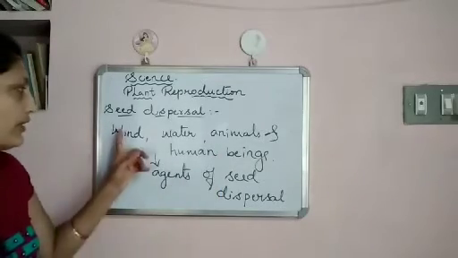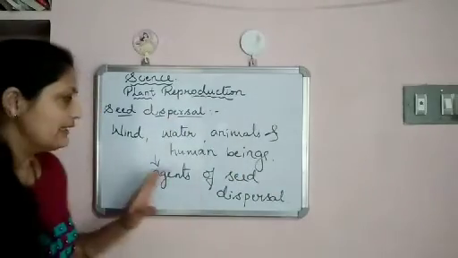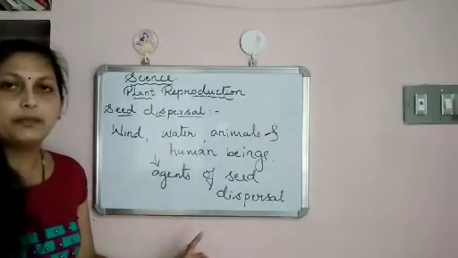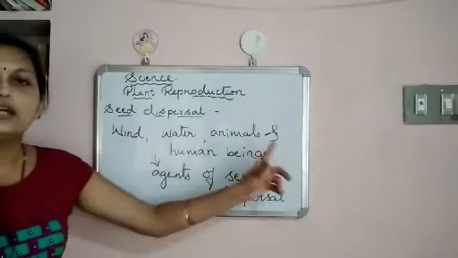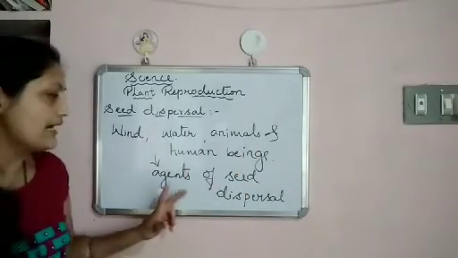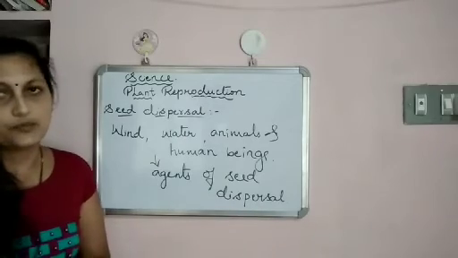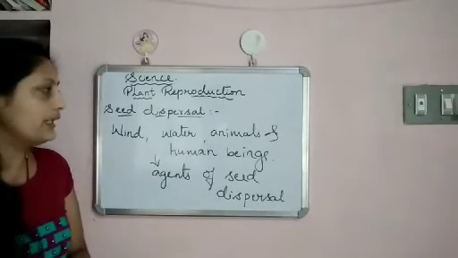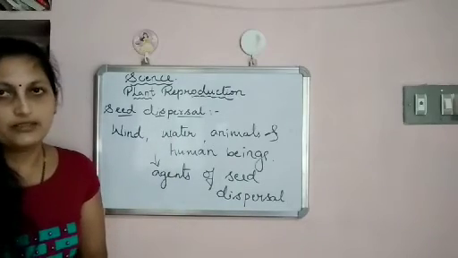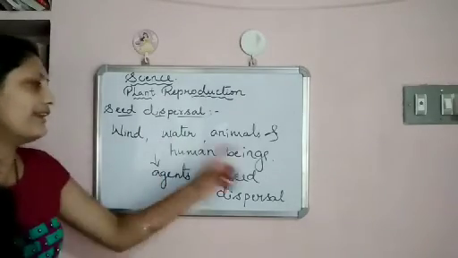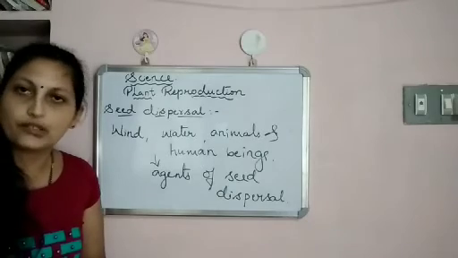Wind, water, animals and human beings are called agents of seed dispersal. These help the seeds to scatter away from the parent plant. Let us see how these agents help in the dispersal of seeds.